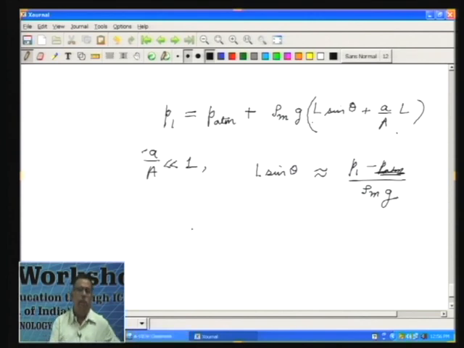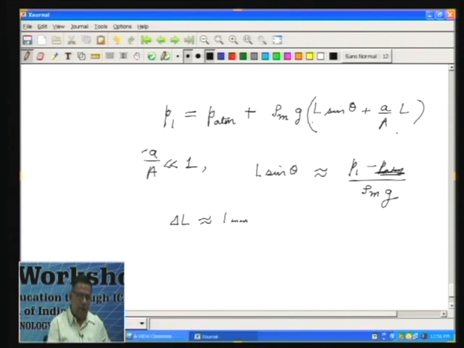Now, in any measurement you have some error. The measurement cannot be more accurate than the least count of your scale. So, if I say the least count delta L is the uncertainty in the measurement, this may be of the order of say 1 millimeter typically.